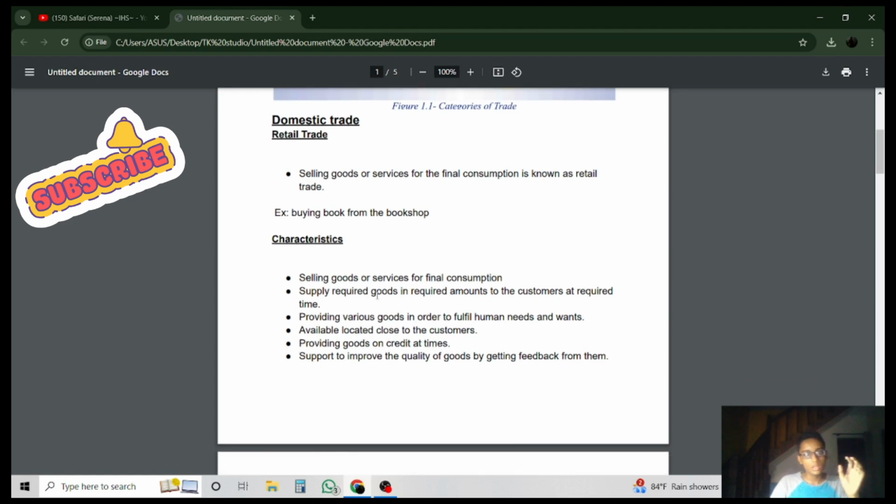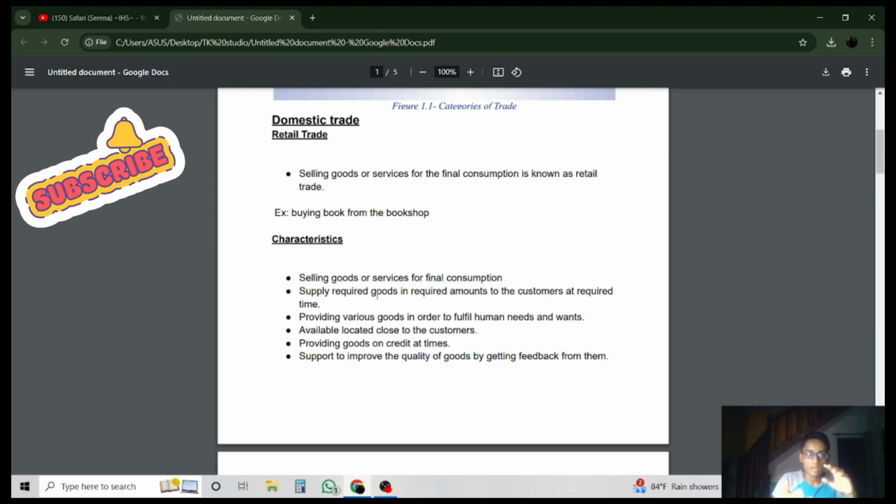Then we come to the characteristics of retail trade. Number one is selling goods or services for final consumption. In the definition also you saw that. The second one is supplying required goods in the required amount to the customer at the required time. The third one is providing various goods in order to fulfill human needs and wants.